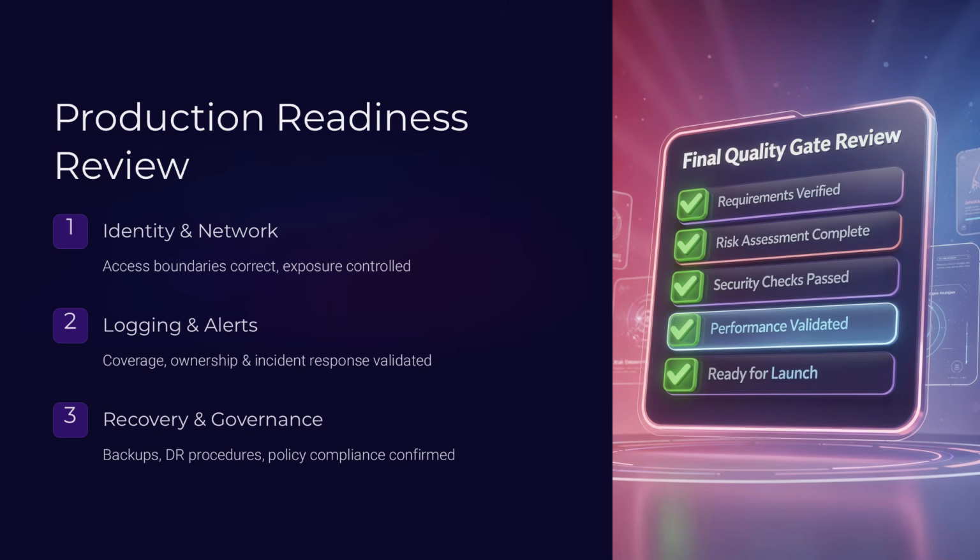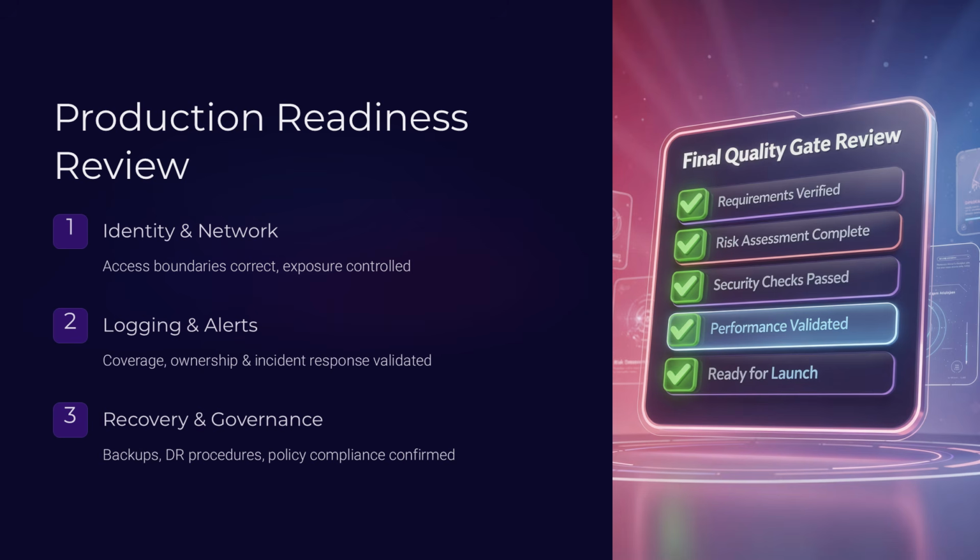With the full design assembled, you now run a production readiness review that leaders and teams can rely on. You validate that identity and access boundaries are correct, that network exposure is controlled, that private access works consistently, and that administrative access follows the standard pattern. You validate logging and monitoring coverage, alert ownership, and incident response readiness.